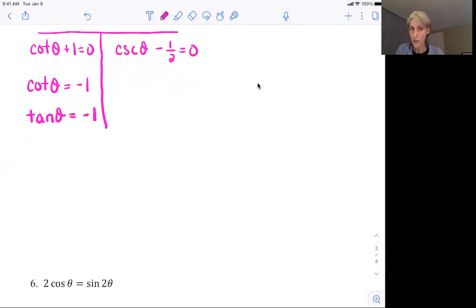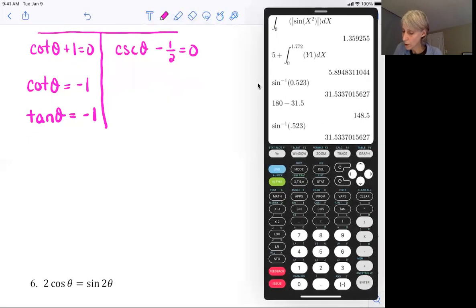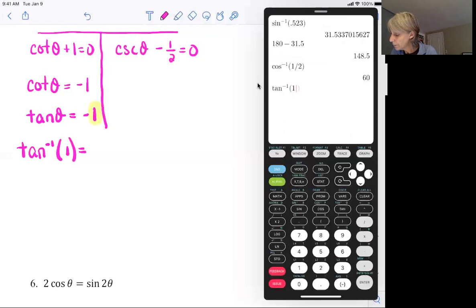And hopefully you recognize this. And if you don't, use your calculator here. Positive function value, right? We just want to solve for where the tangent is 1. Some of you already know it's going to be 45 degrees, but if you forgot, no big deal. Second tan of 1. And we see that our reference angle is 45 degrees. Now we go and adjust it for our sign.